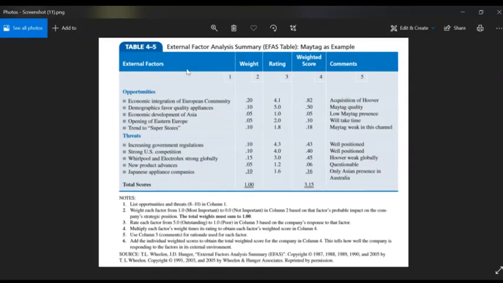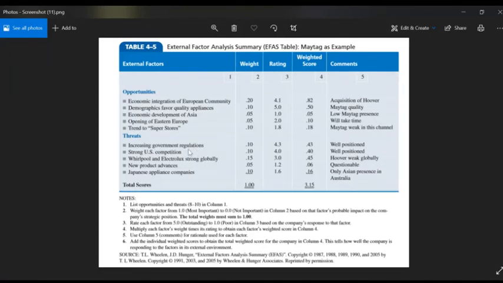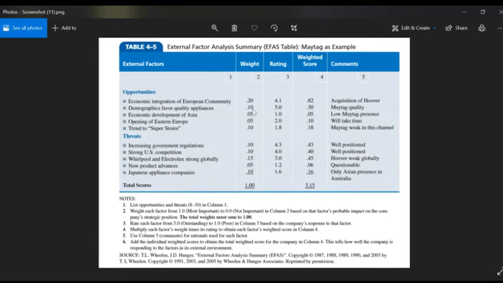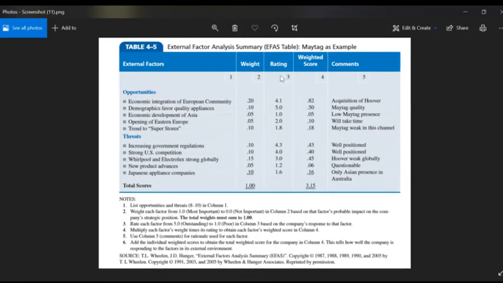External factors in SWOT are opportunities and threats. Fill in the opportunities and threats for the company and give them weights. The weight is from 0.0 to 1.0. The higher the number, the more important the opportunity or threat, like this. And the total must be 1.0.